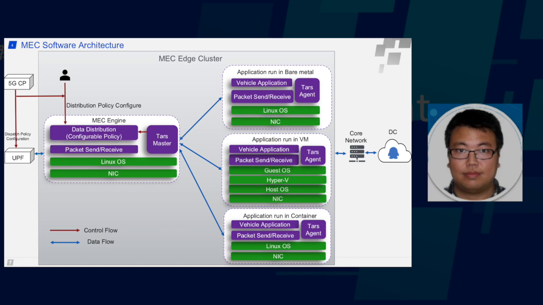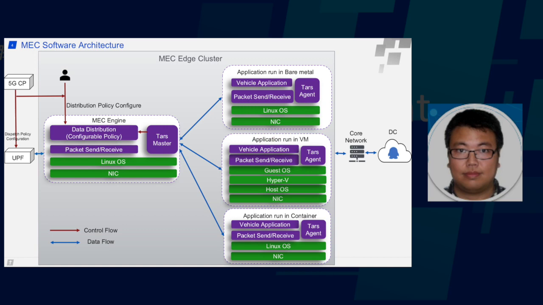So you can see we use one server for each operating system, and we add some software like DPDK to send data back and forth. We receive the data here, and like what I said, we have a data distribution module. This module can be configured, the policy can be configured. Once the policy is configured successfully, we forward data to the server where the real application runs.